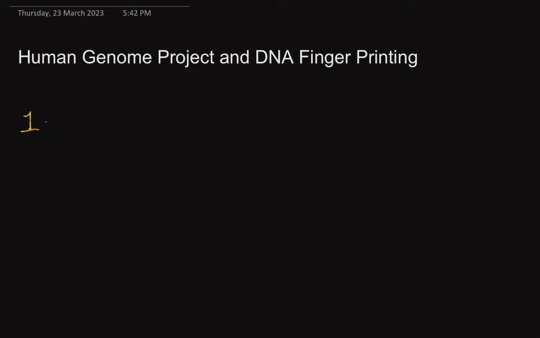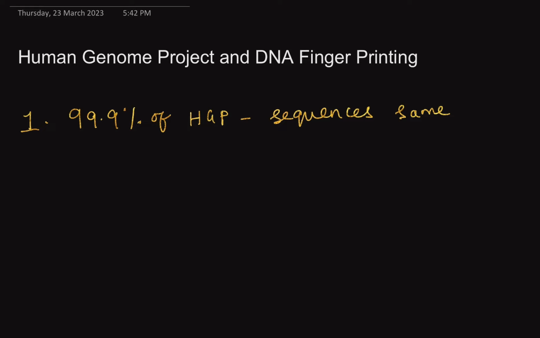Number one, according to HGP, we came to know that 99.9% of the human genome, the base sequences, are the same in every individual. We differ from each other only in terms of the remaining 0.1% of the sequences.